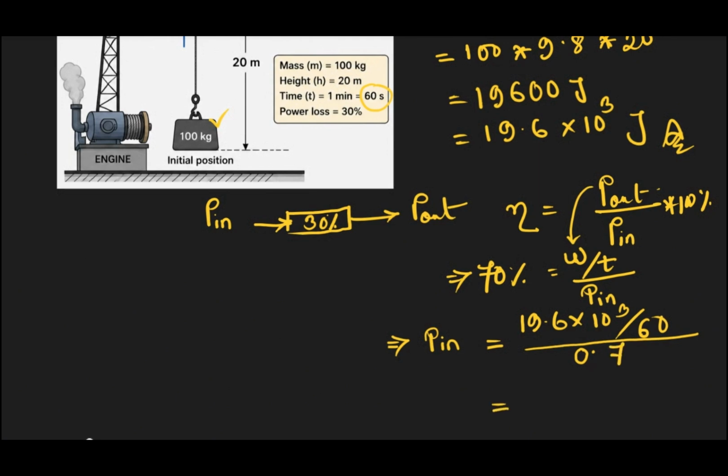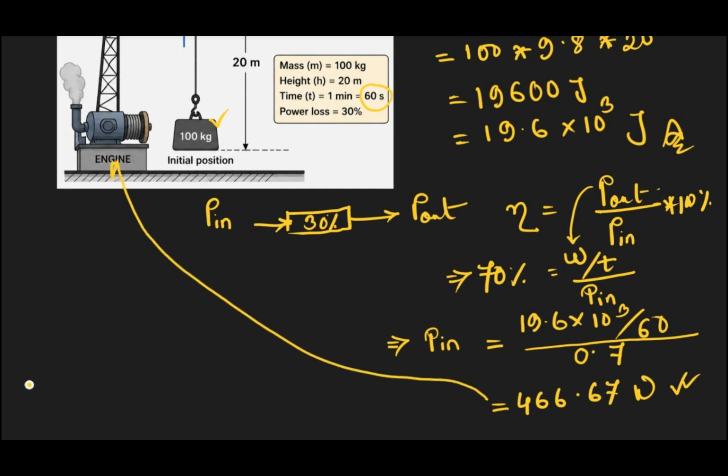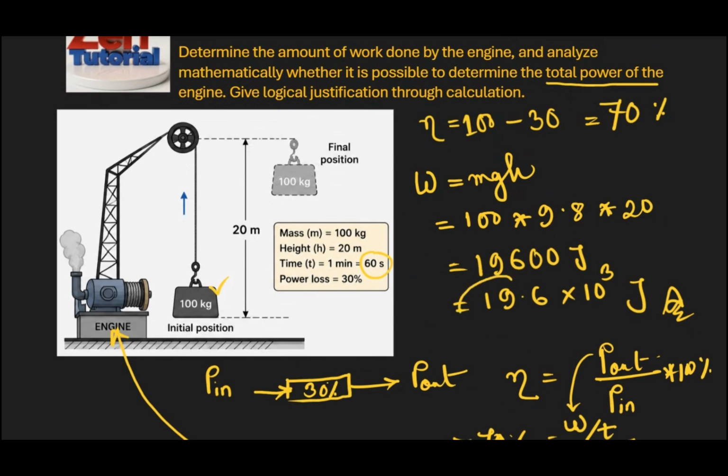So the final answer will be 466.67 watts. So this is the power of the engine. So this amount of power is applied to do work of this amount, right?